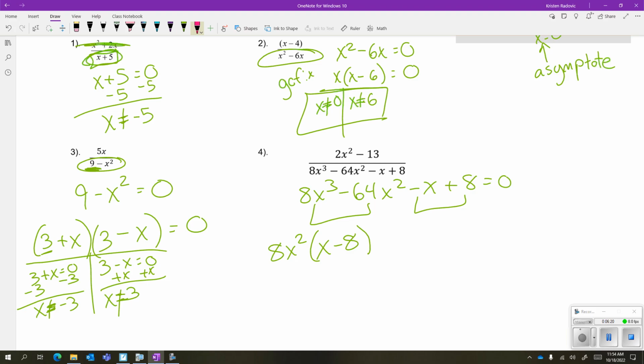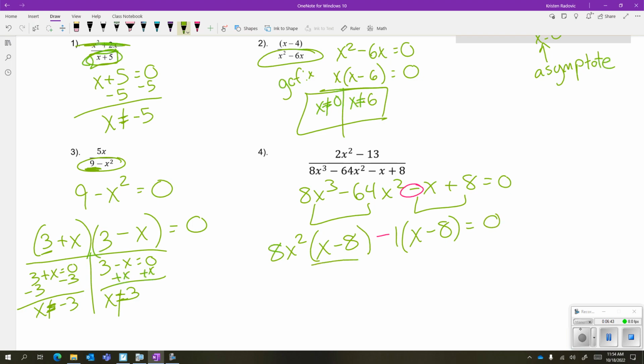Don't forget when factoring out of the GCF of the next group, if there's a minus in front, you better take a minus out as well. x and 8 have nothing in common, so in this case we're factoring out a negative 1. Negative x divided by negative 1 is positive x. Positive 8 divided by negative 1 is negative 8.